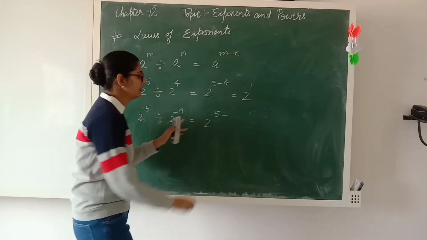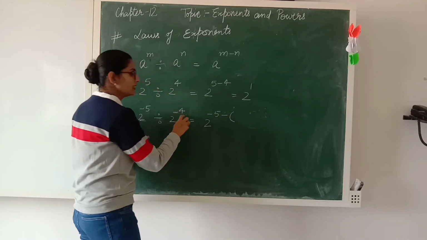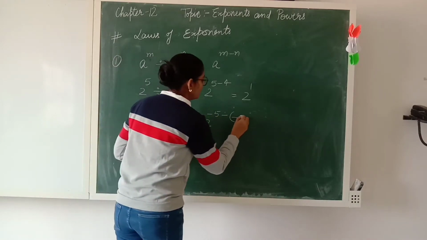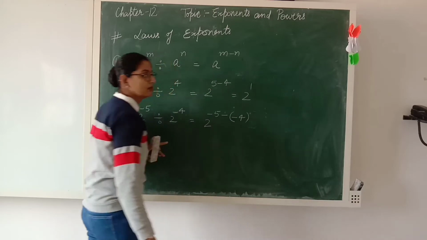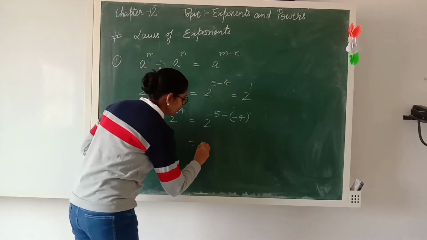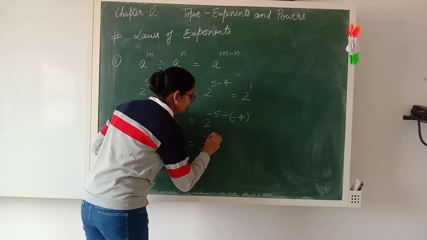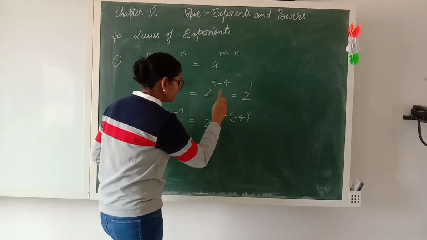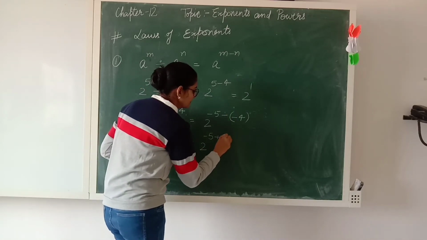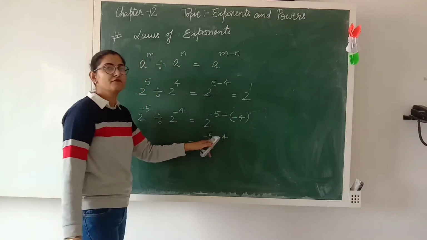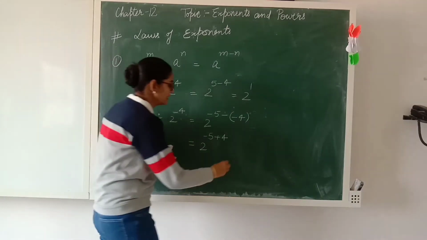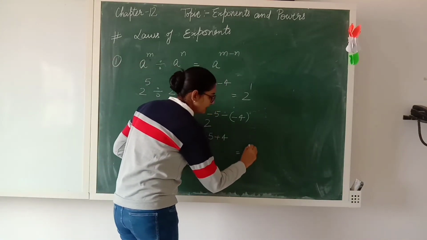Then minus, and what is our other number? That is minus 4. Okay. Now solve this. 2 raised to the power minus 5 minus minus, it becomes plus. So it's plus 4. Now minus 5 plus 4, it's minus 1. So it's 2 raised to the power minus 1.